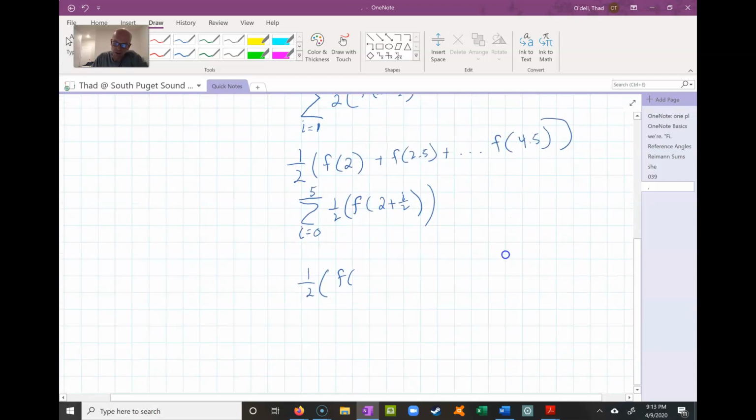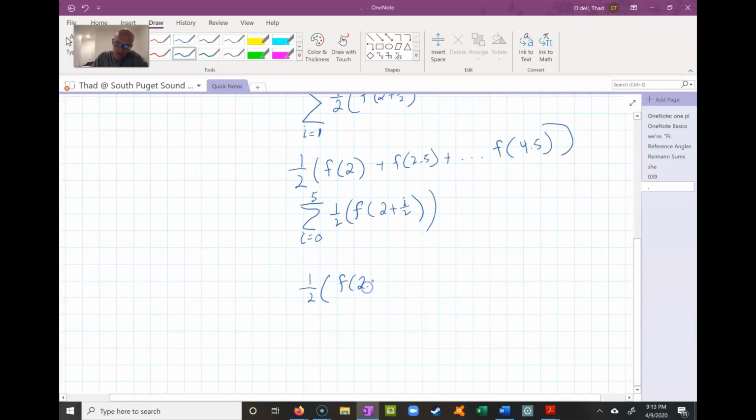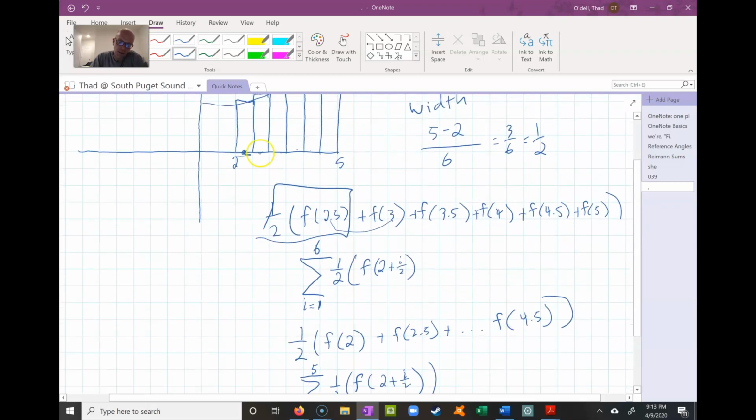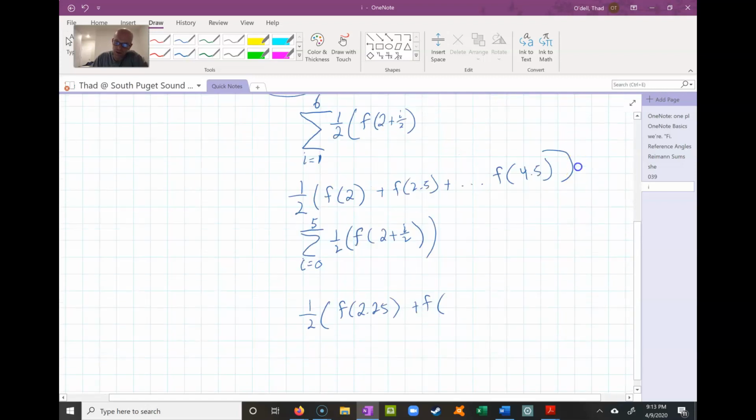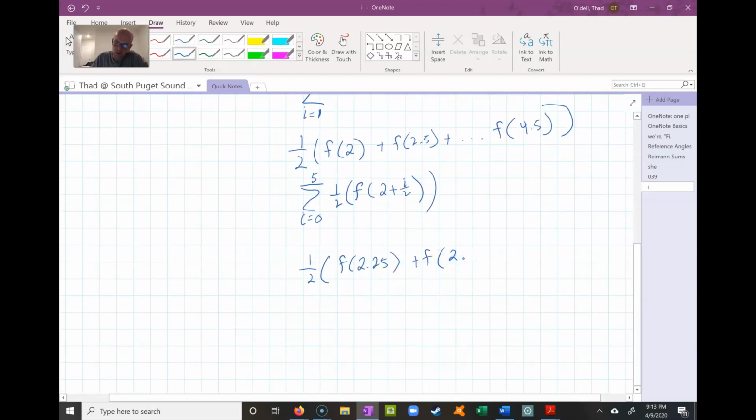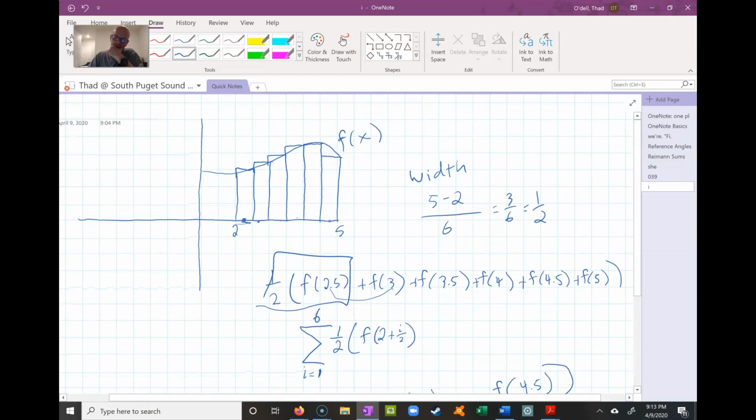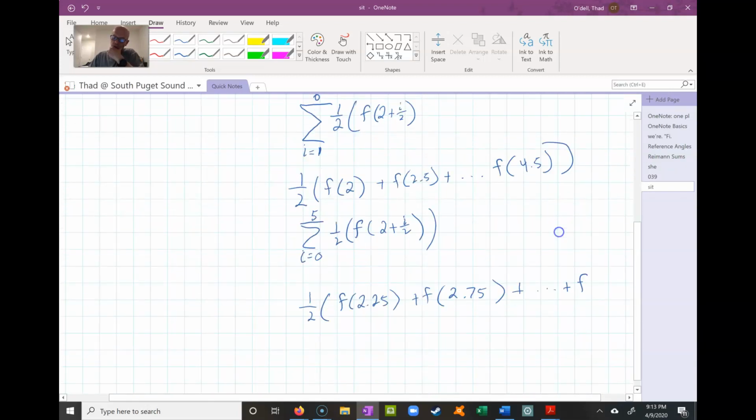So that would be f of 2.25, plus, and then the next one would be that middle value right there, which would be f of 2.75, etc. So to get the midpoint, the last thing I'm going to plug in would be f of, and that would be this point right here, which should be 4.75.